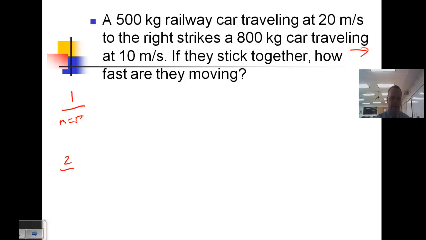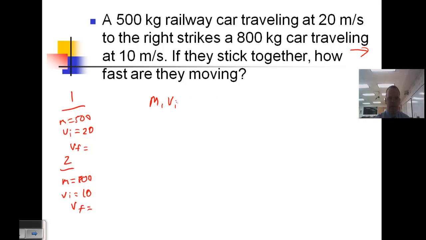So the mass is 500. The initial velocity is 20. The mass here is 800. The initial velocity is 10. We're looking for the final velocity of both. But since they're stuck together, they'll have the same final velocity.